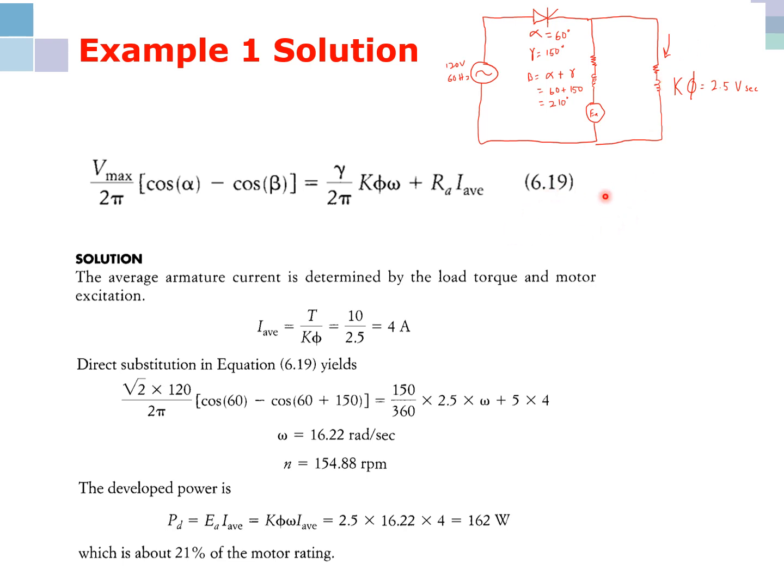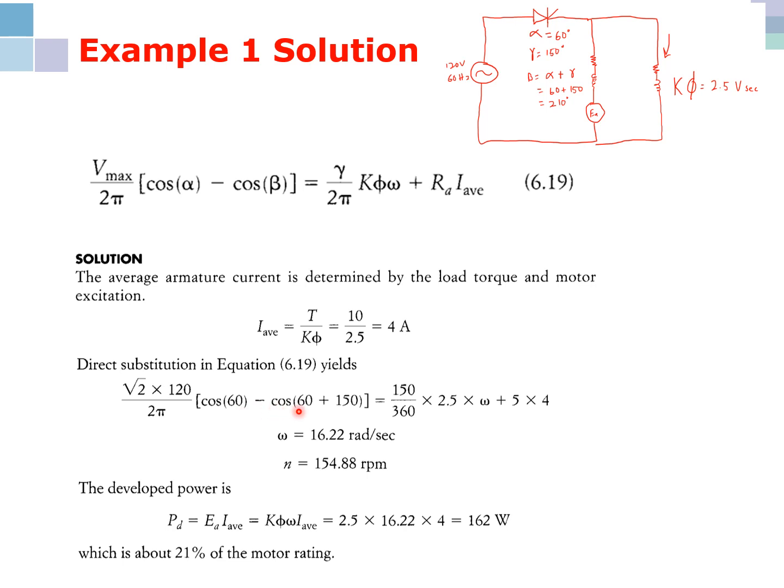Then just directly substitute these parameters into equation 6.19. As I said before, we need to multiply by the square root of 2 because we need to find the value of Vmax. Vs equals Vp, so we need to find the maximum value of the voltage: square root 2 times 120, over 2 pi, times cos alpha minus cos beta.